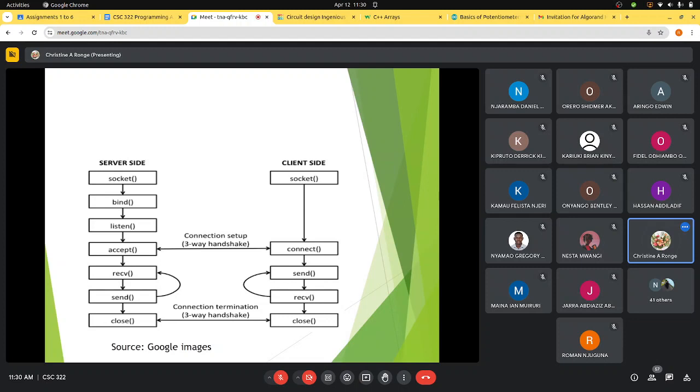Now, with the other one, the same problems that arose in the connection establishment will still arise here. So how do we solve that problem? Each side must explicitly acknowledge the disconnect request of the other side, just like we said for the connection establishment. You must acknowledge the connection termination request from the other side.